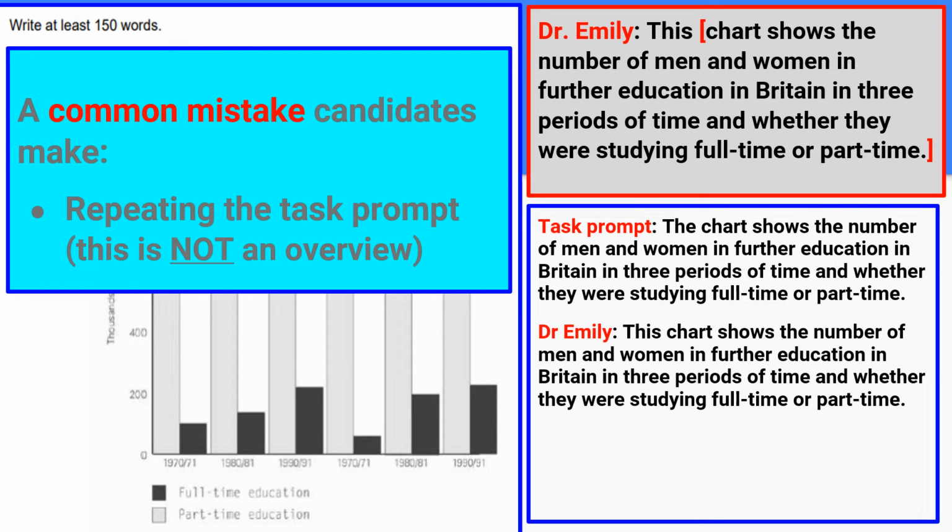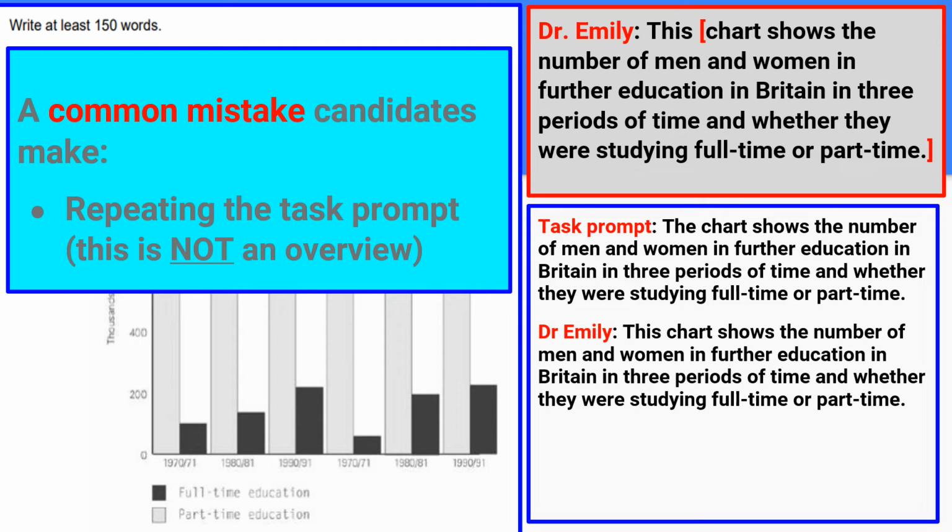In the box at the top right, you'll see there are red brackets drawn around Dr. Emily's sentence. That's because these words are drawn directly from the task question, and so they are not included in her word count. Remember, you must write 150 words in Task 1, and the examiner actually counts your words.